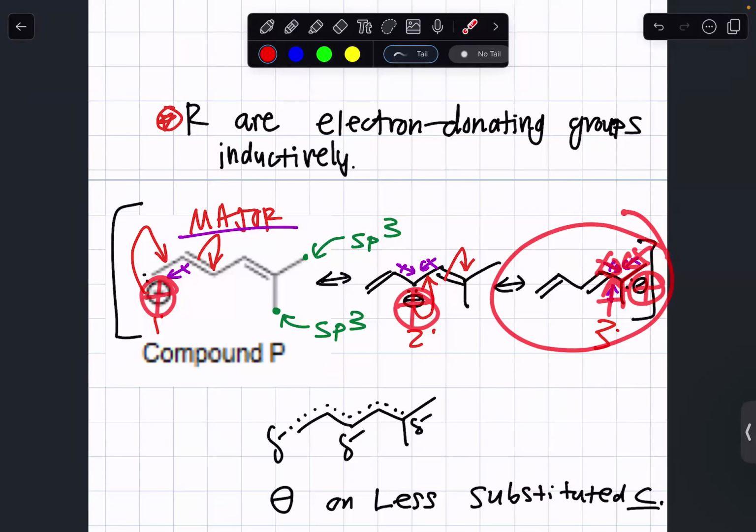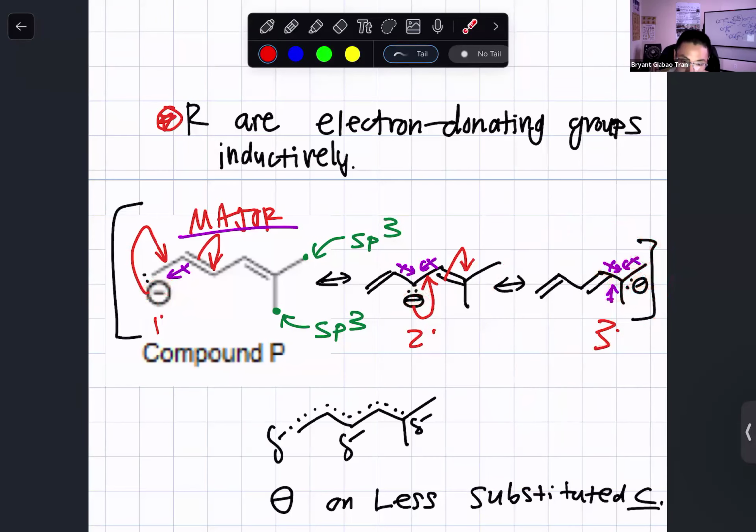Oh, if it was positive. Yep, then this would be the most stable, the major. Oh, because the electrons are going towards the positive. That's right. And that's hyperconjugation, which you will learn in lecture. Okay. So the positive carbocation and carbanion are going to be reversed.